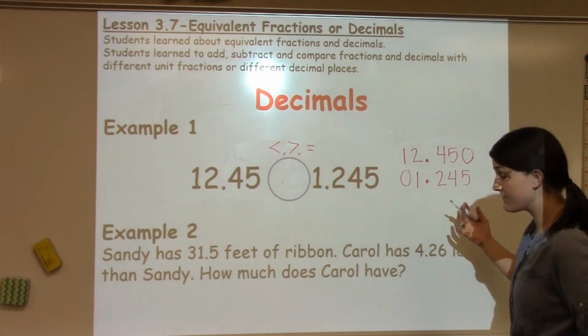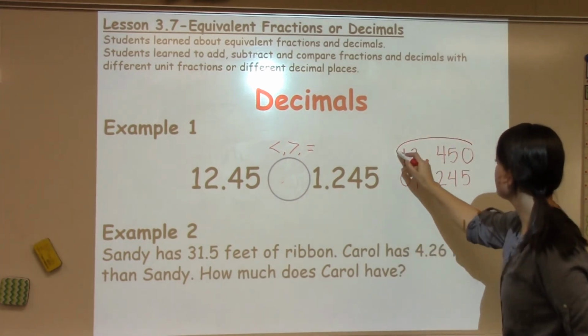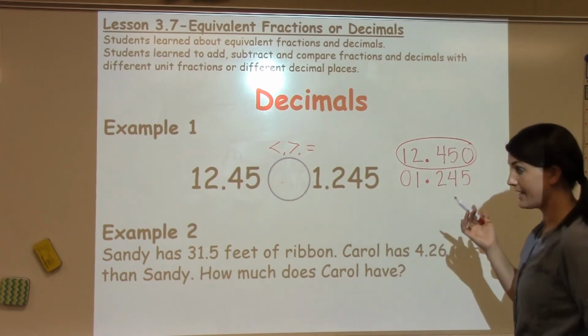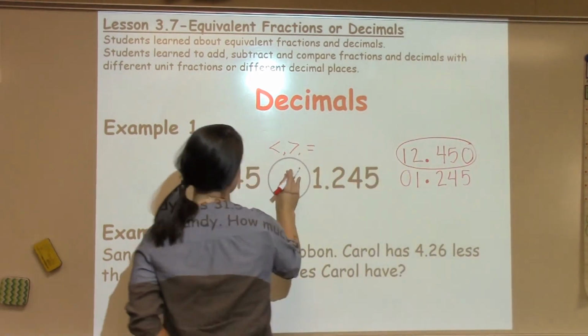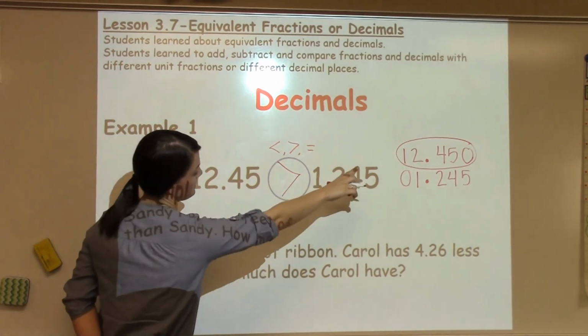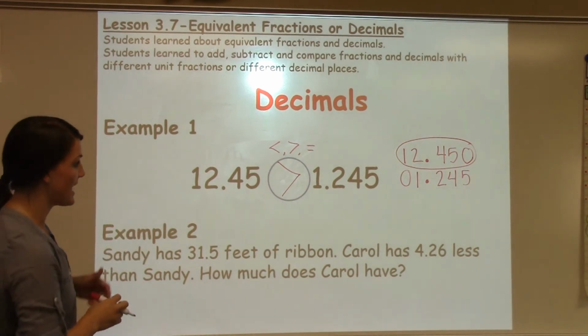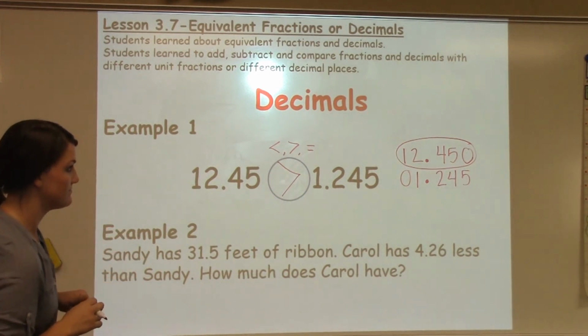Those are obviously different. Which one is bigger? 1. So obviously this number is already bigger. I can tell right away, and it's as easy as that. I see that the number that matches up with the top number is going to be the bigger number, so I'm going to have this symbol facing that direction.